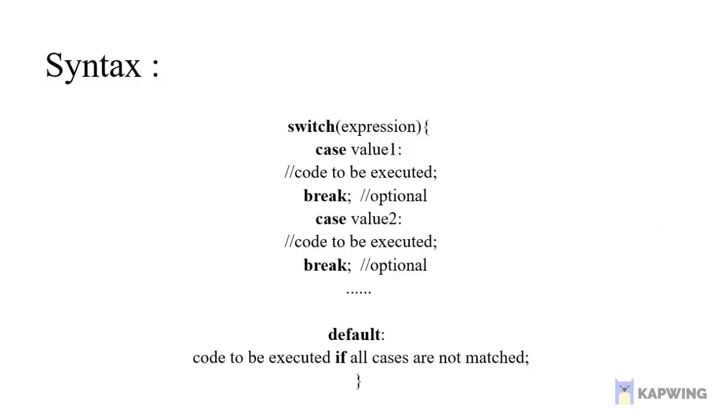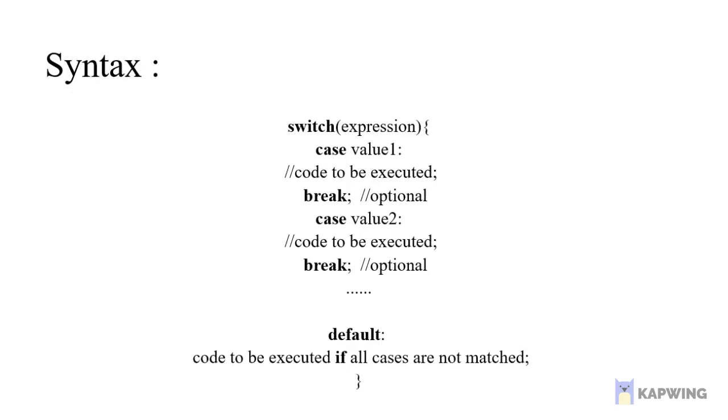Next, here is the syntax for it. First, what is the syntax? The switch keyword, then in brackets the expression. Expression means we can give the variable name or the input value, by which we decide which case we want to go to. It may be a choice.